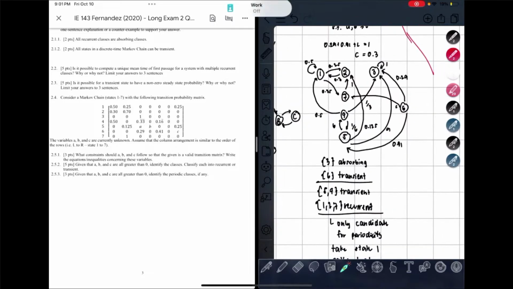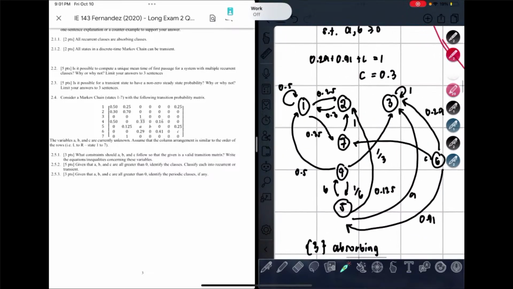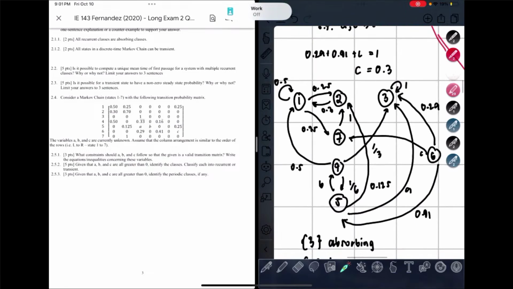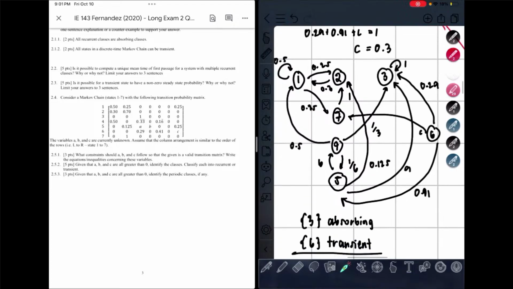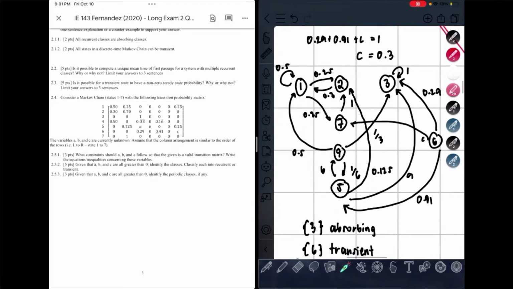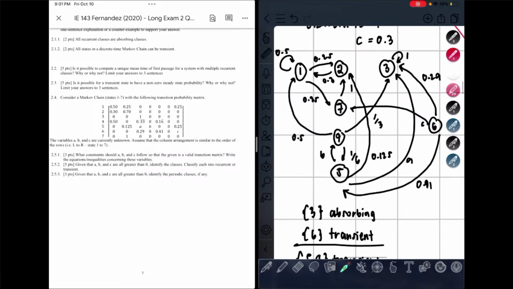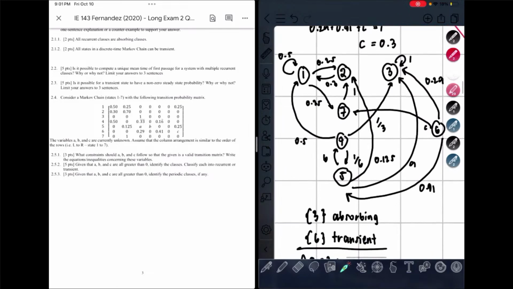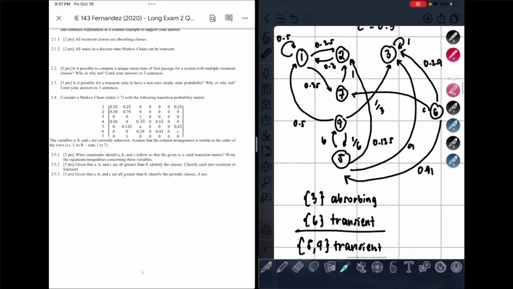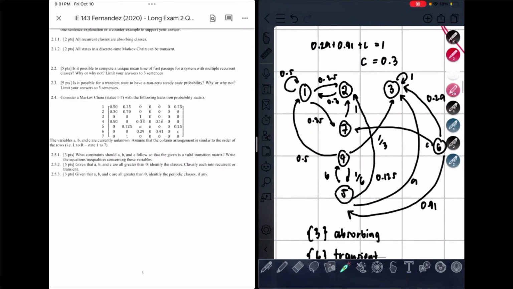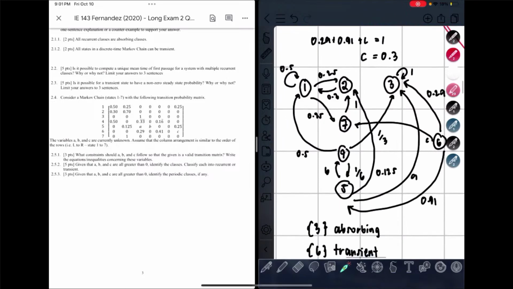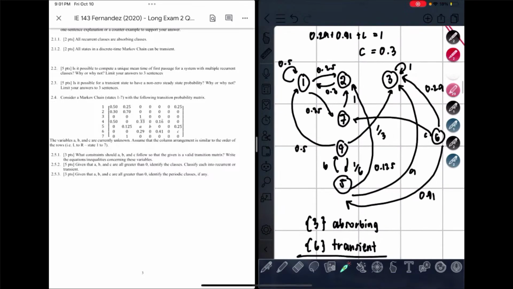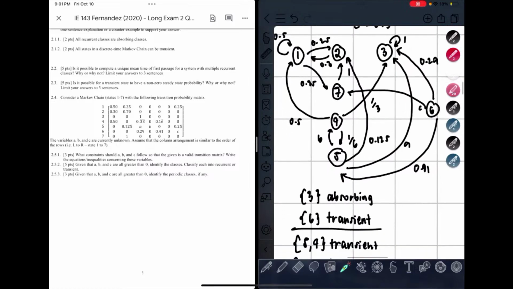So this is just drawing the state diagram for this. So no added calculations pa. This is just us converting the matrix into a state diagram and making some basic observations. So na-observe natin that 3 is absorbing, because there's no way to get out of 3. 6 is transient because there's no way to enter 6.